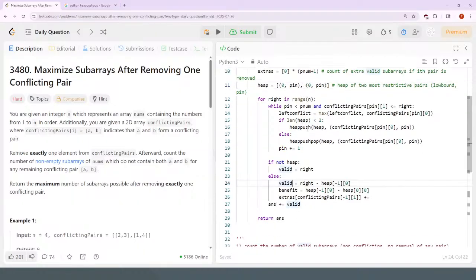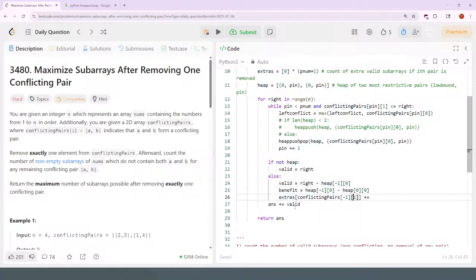Okay, so at that point, I don't think I need this, because the length of the heap is always going to be at least 2, or exactly 2, if I do push pop. And extras, this should always work because there's always going to be 2.